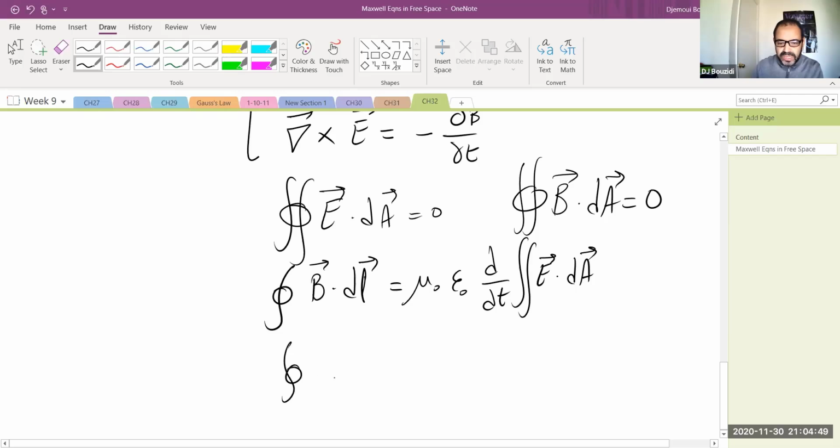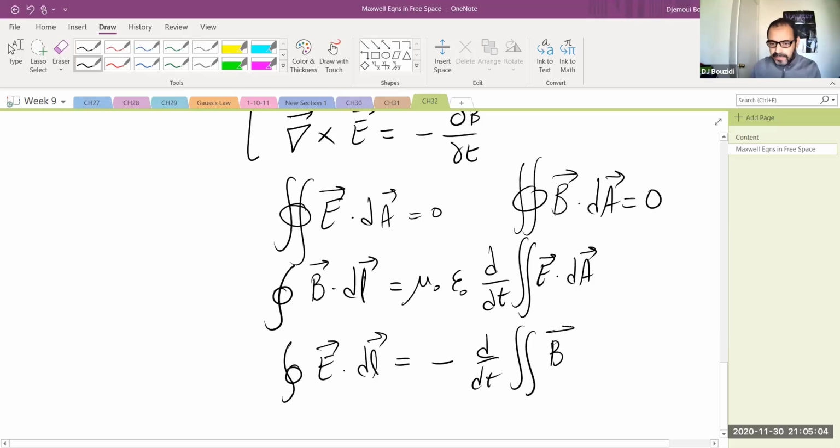And the last integral was Faraday's law, that says basically the EMF, which is the circulation of the electric field over a closed path, is equal to minus d/dt of the integral of B dA.